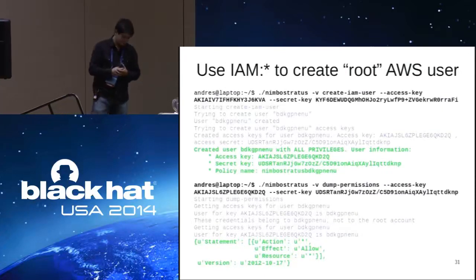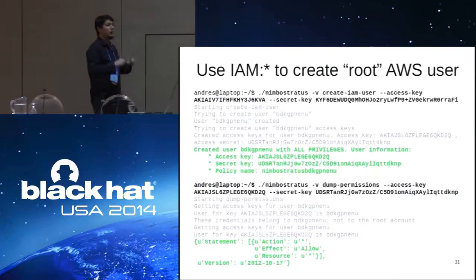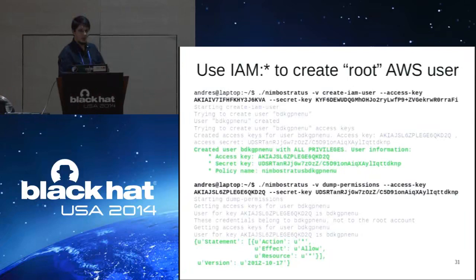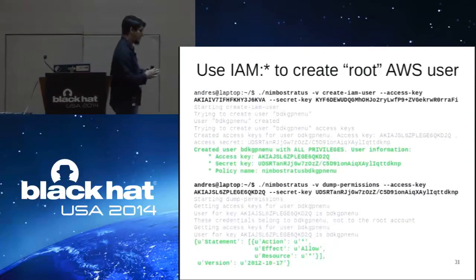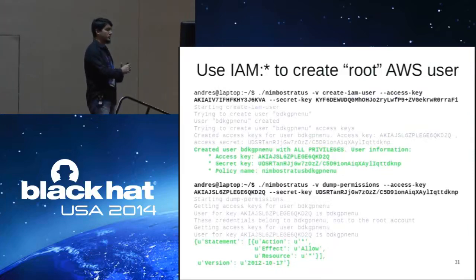Okay? So that's getting root on the Amazon cloud for one user. If you have all the IAM permissions, you are root for that Amazon cloud. Okay? So this is important.